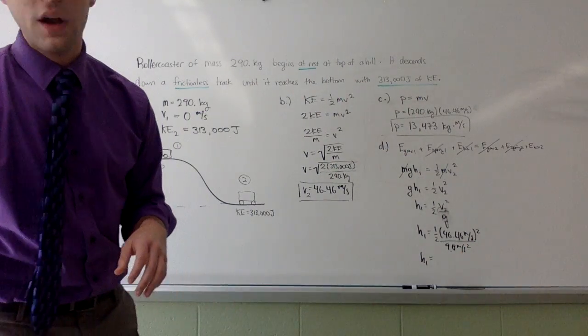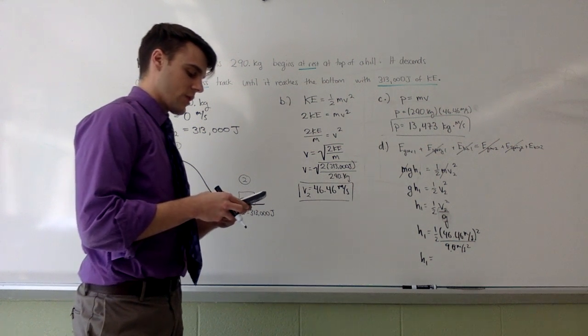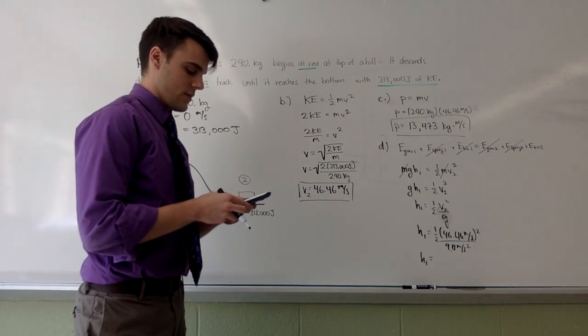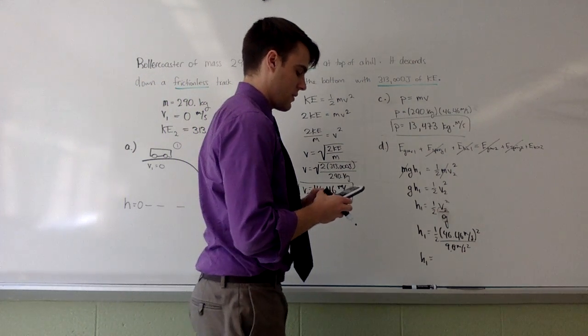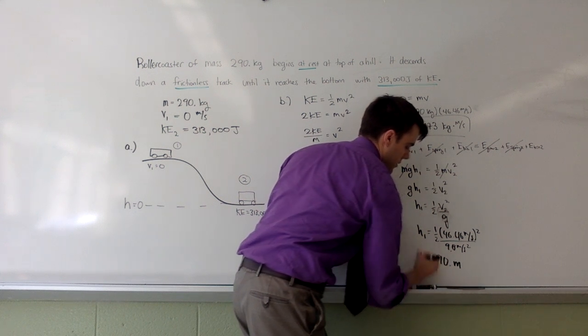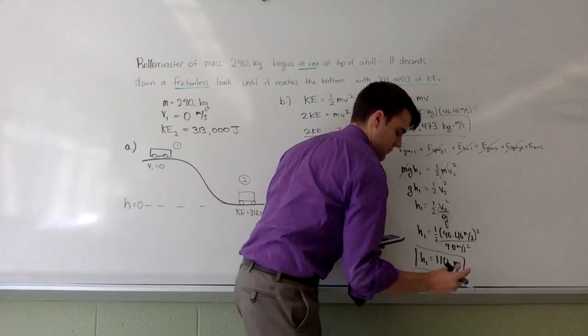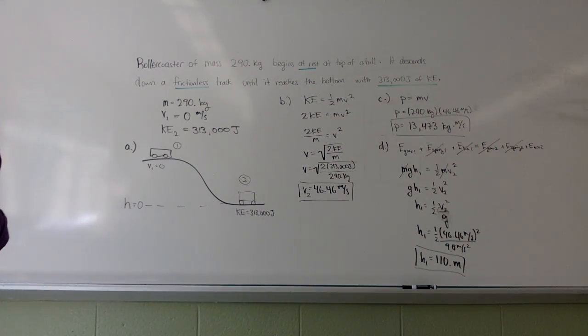So my height 1 will be 46.46 squared times 0.5 divided by 9.8, which will be 110 meters. So that is the answer to part D.